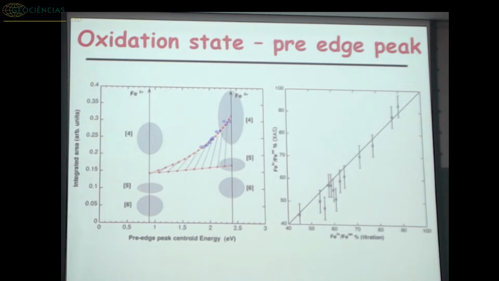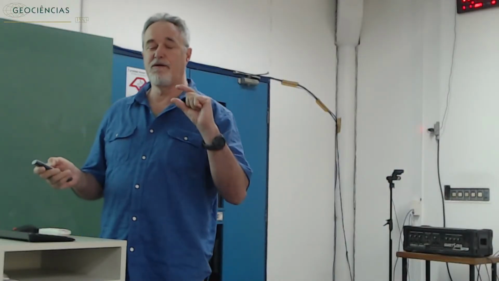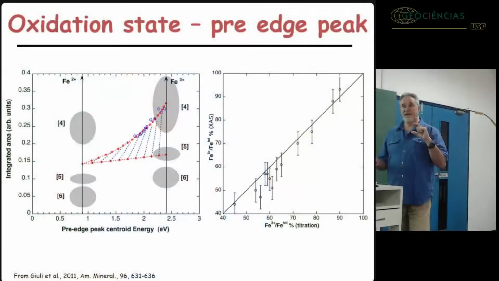If we require an error of the iron redox ratio of plus or minus 1%, maybe this is not the most useful technique, but very often it can be one of the few techniques able to compute a number. Why? Because titration you can do when you have enough sample with a large enough content of iron. Similarly, also Mossbauer, you need some amount of sample and some concentration of iron, and also long collection times, according to the state of your radioactive source.